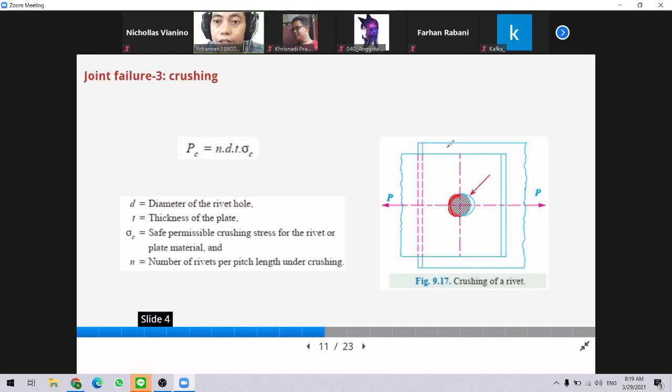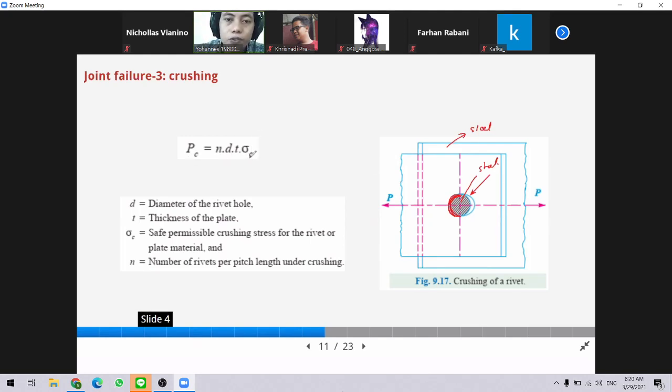But if they are made from similar material, for example, steel, and this is also from steel, then calculating one of them is enough. But if they have different material properties, then we make two calculations here, one for the rivet and one for the plate.